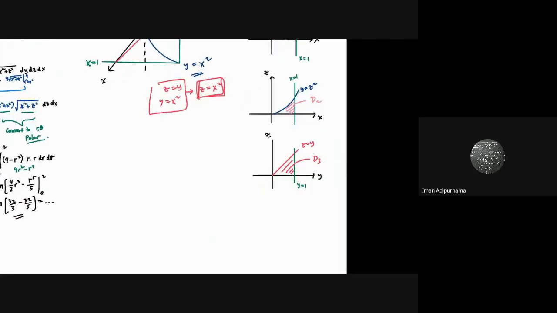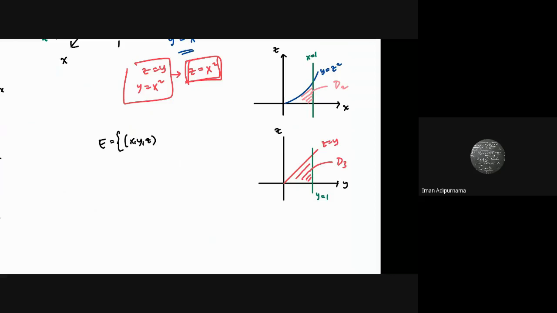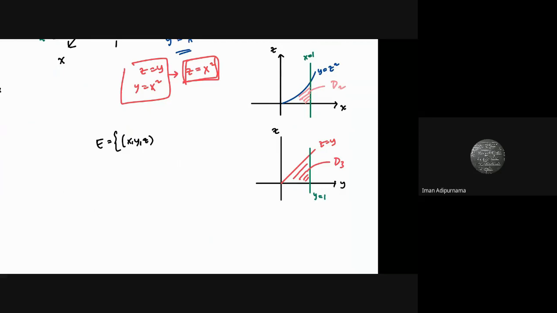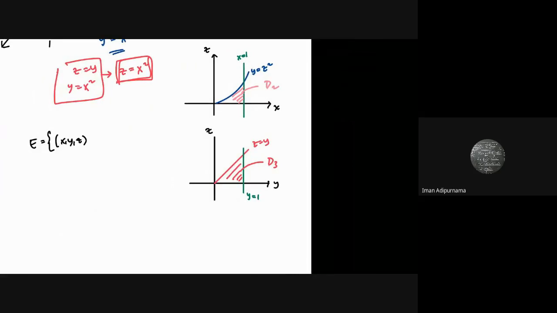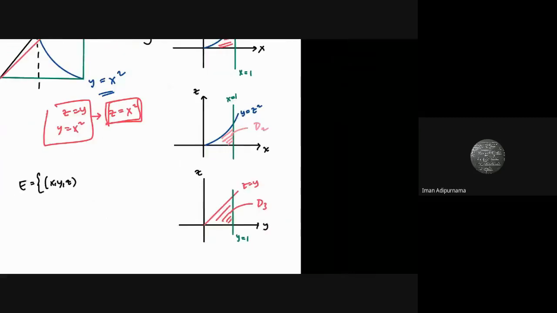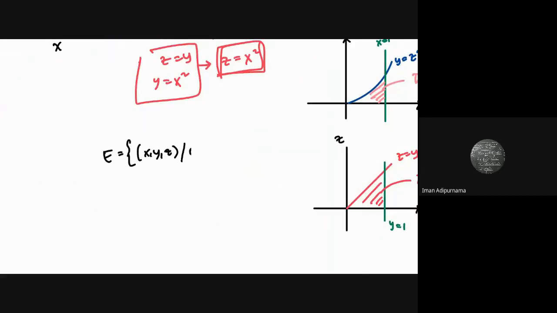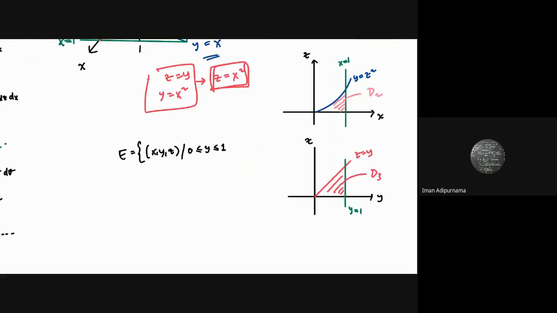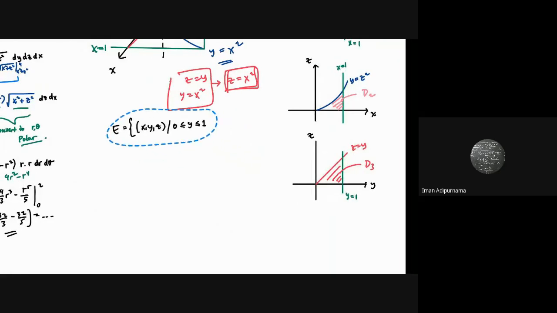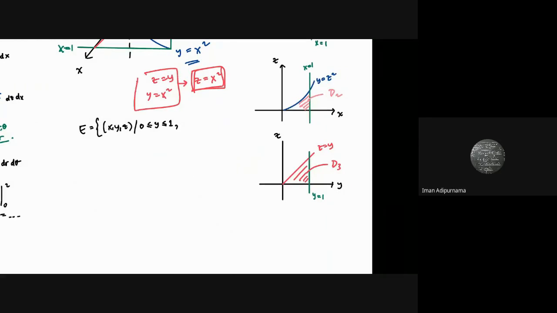Okay, we can describe E. Let's say y is from 0 to 1, and then z is from 0 to y, and then lastly, x is from square root of y to 1.